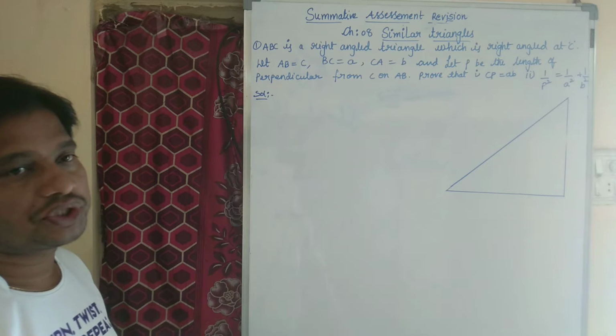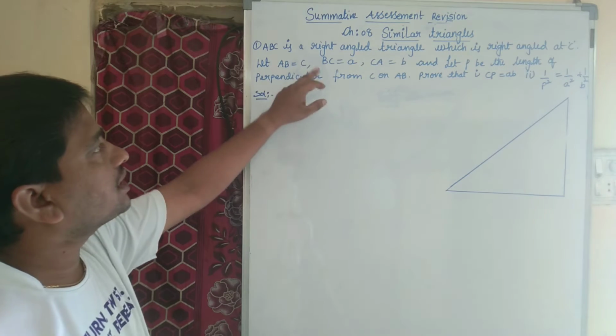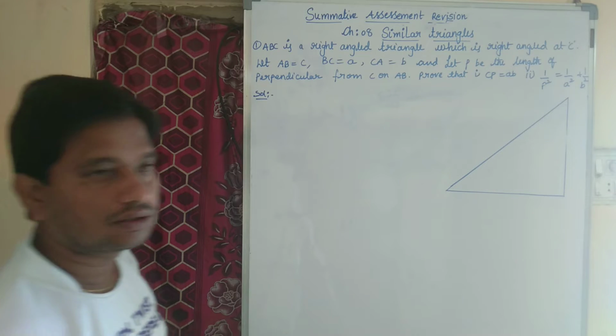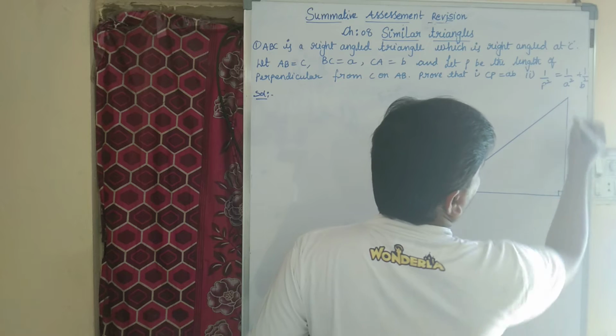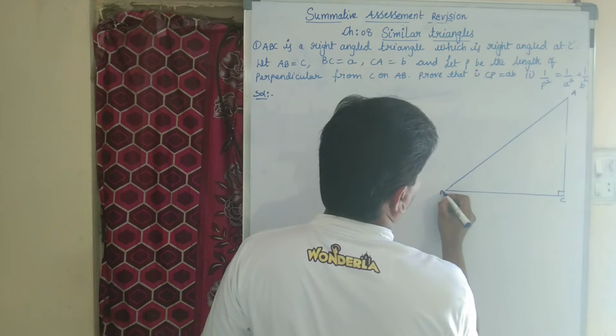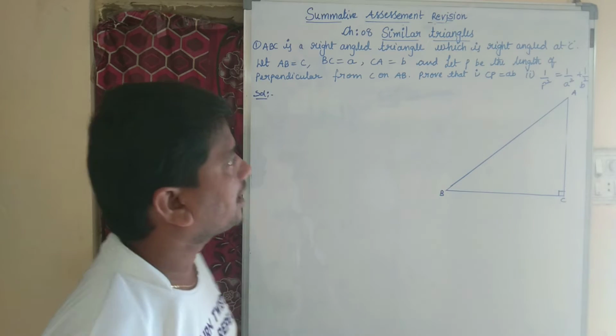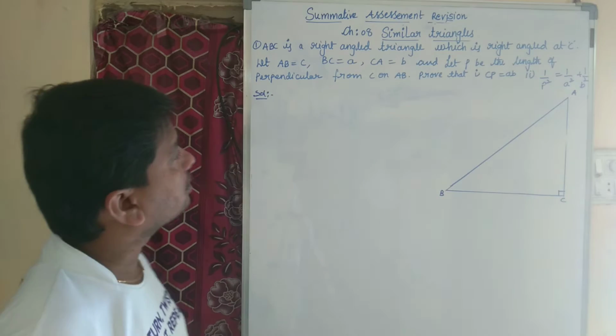Here, if you observe the question, ABC is a right angle triangle at C. Suppose ABC is a right angle at C, that is our statement number 1.